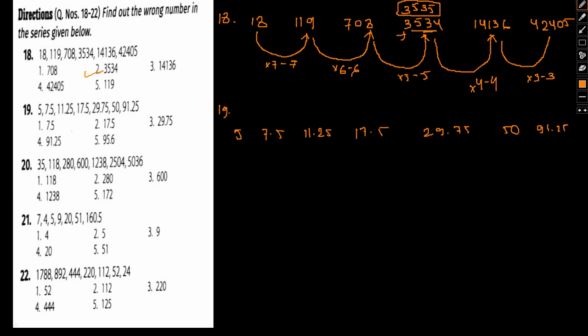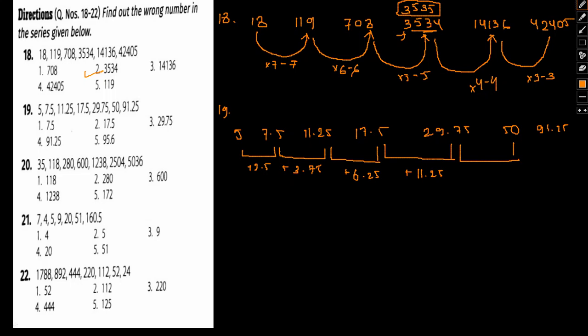Initially the difference is 2.5, followed by 3.75. So let's go with the differences first. Here it is plus 2.5, then plus 3.75, then plus 6.25, then plus 11.25, then plus 15, then plus 21.25, and finally plus 41.25.